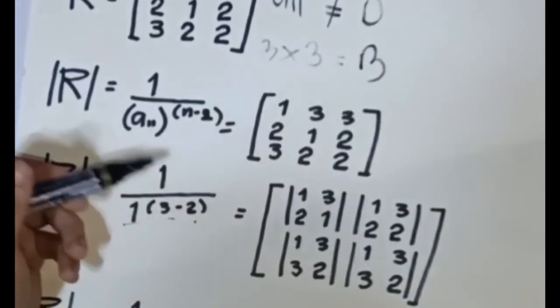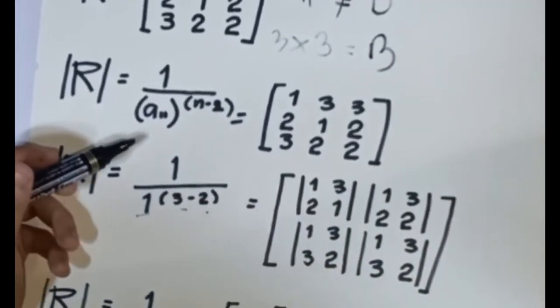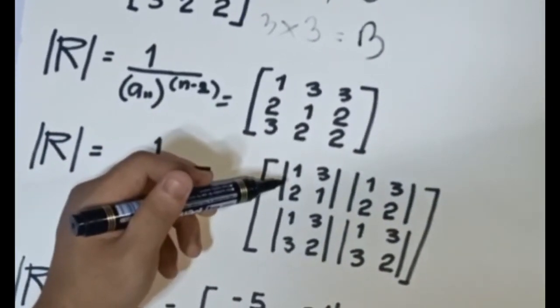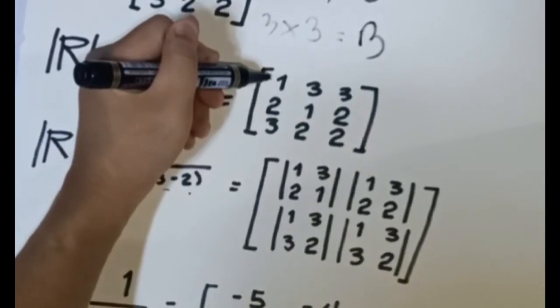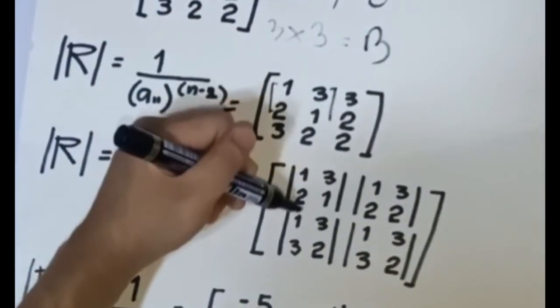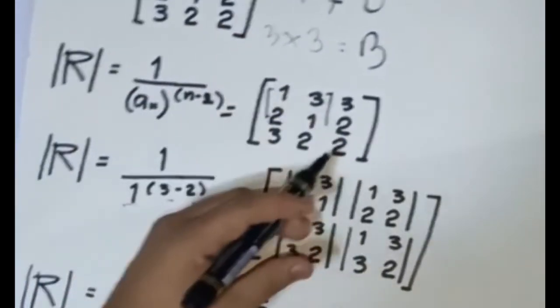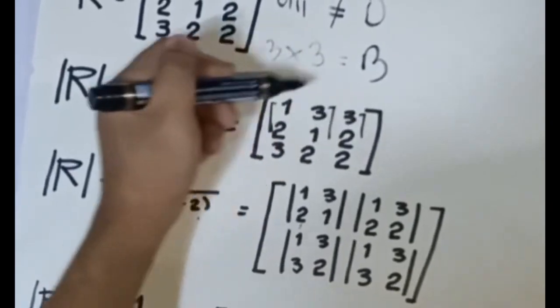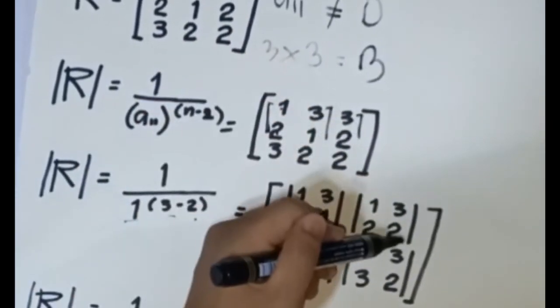So to solve the determinant for R, first we need to group the different elements. For our first group element, we will use the first row, first column, and then the second column, which is 1 and 2, 3 and 1. For the second group element, we will use the first column and the third column, which is 1 and 2, 3 and 2.